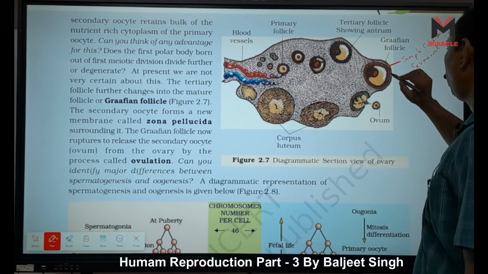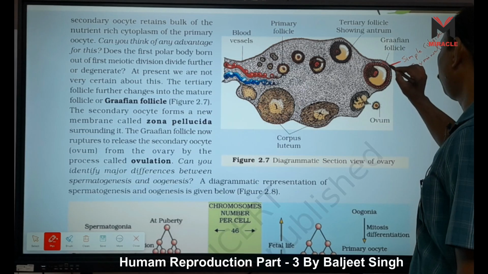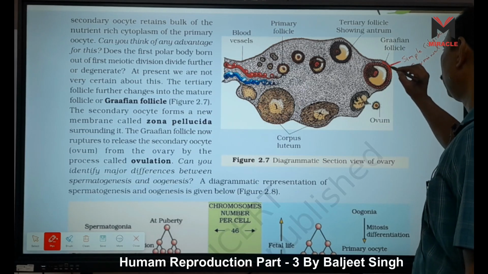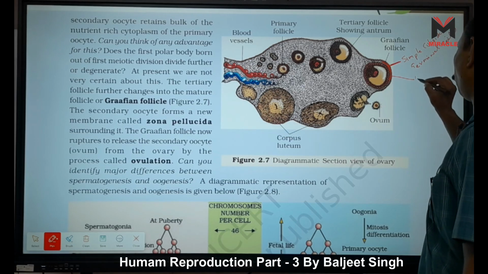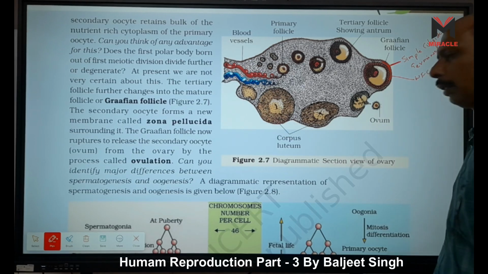Just below this is collagen, white fibrous connective tissue.